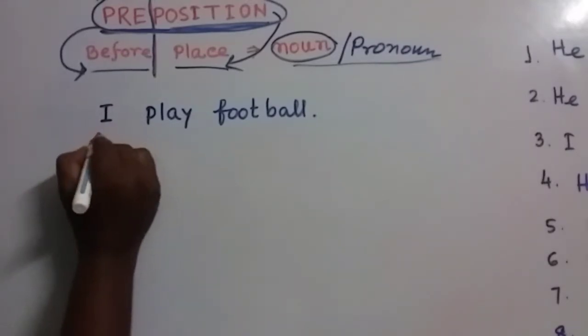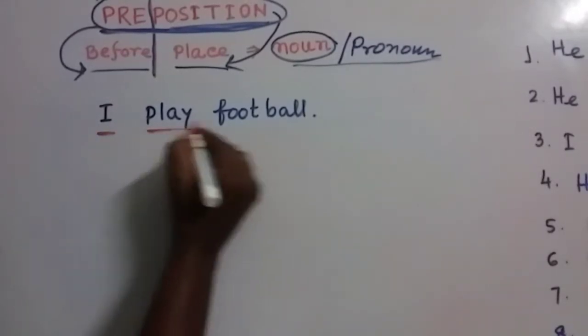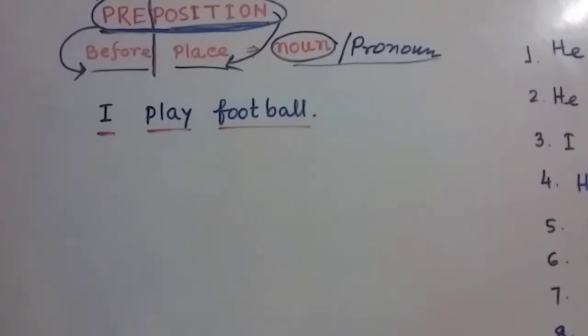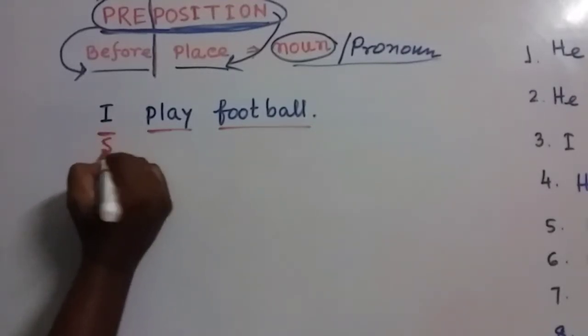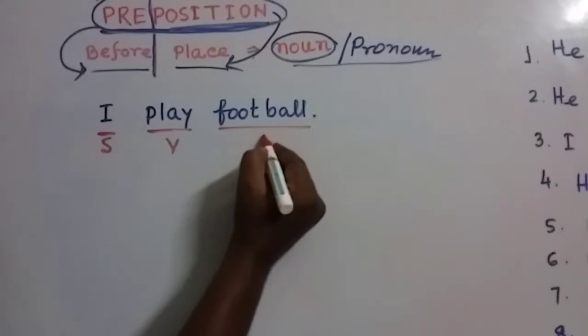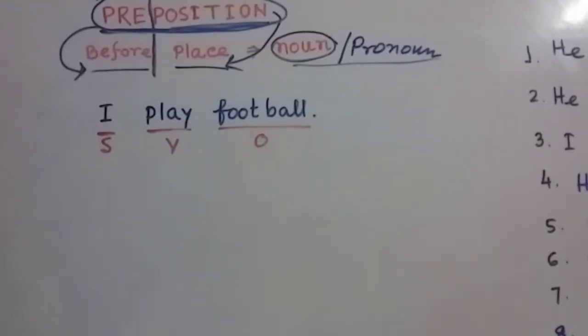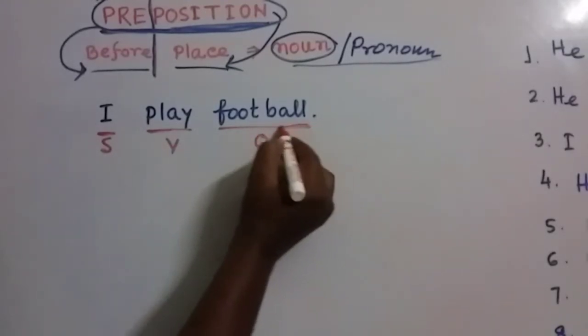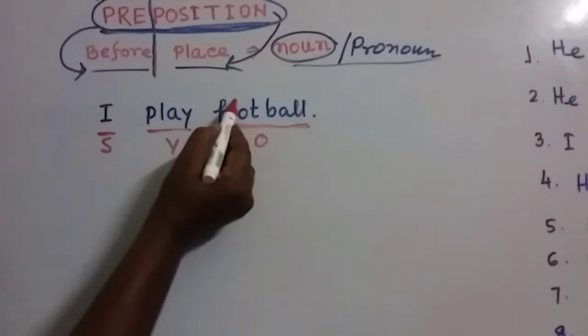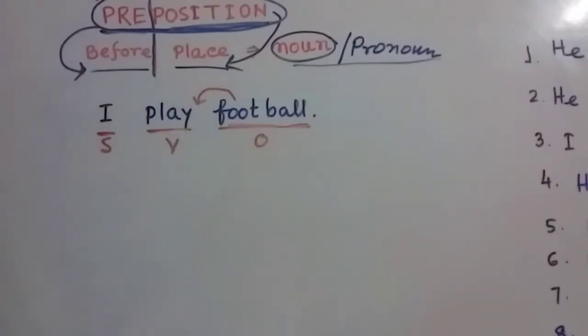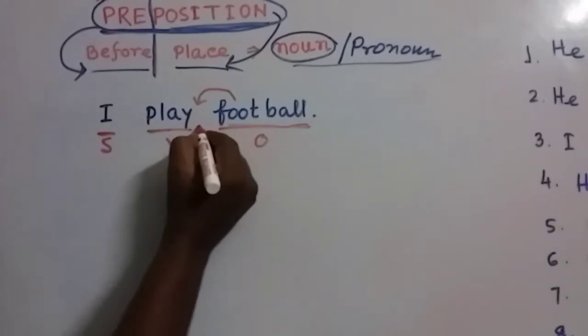I have written here "I play football." So "I" is the subject of this sentence, "play" is the verb, and this is the object of this sentence. It's a noun. So before that we haven't used any preposition here.